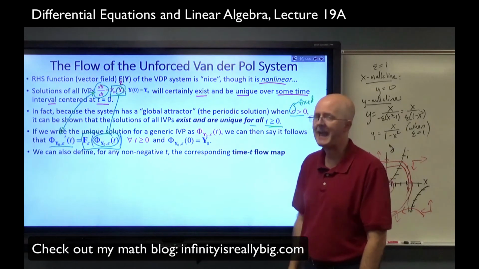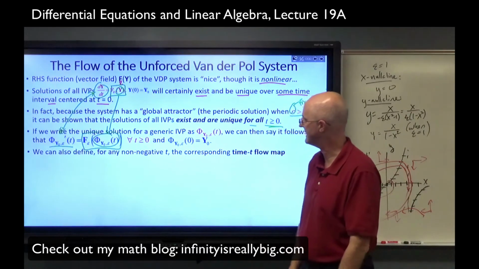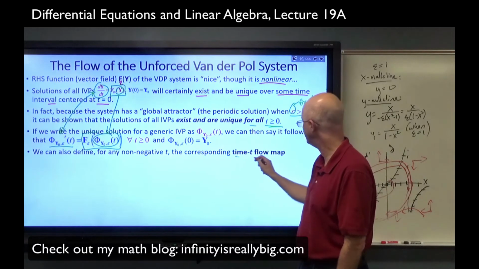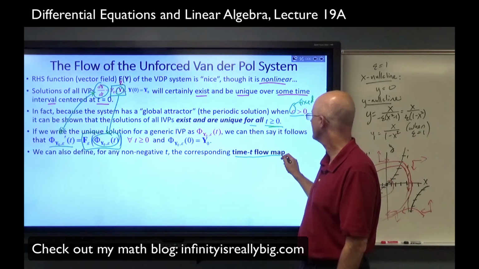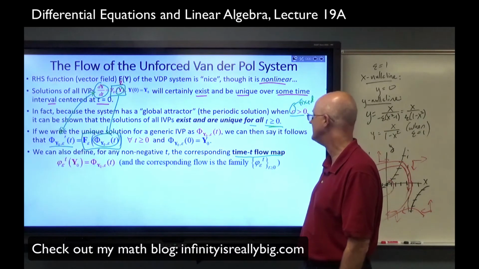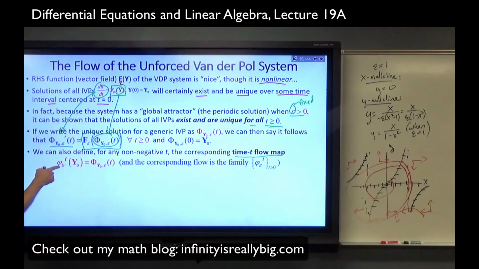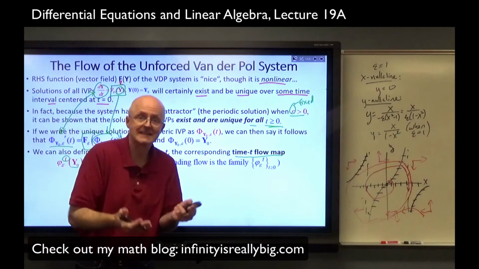We can also define, as we talked about the last couple lectures, 17a and 17b, for any non-negative t, the corresponding time t flow map with the different notation of fancy phi, cursive phi. The epsilon is just a subscript here that just pretend it's constant. The t is a superscript, like we've done, of y0 equals this. It's this, and as I've emphasized, it's the same formula.